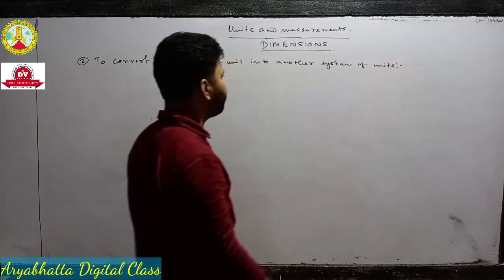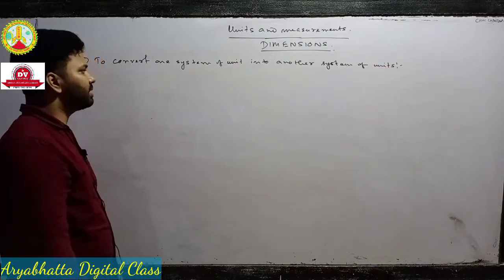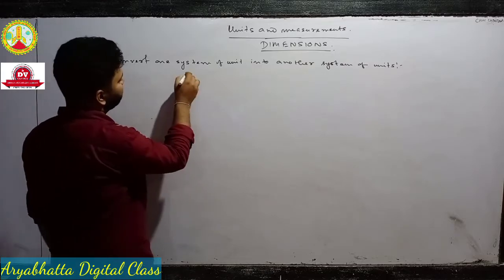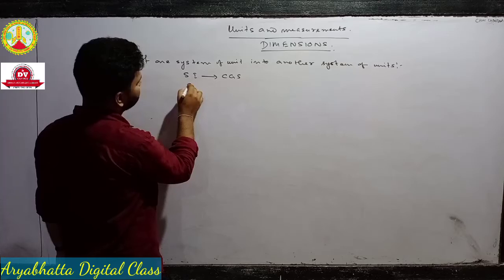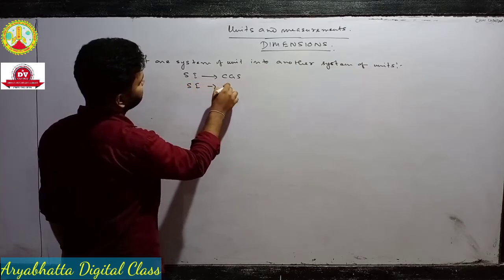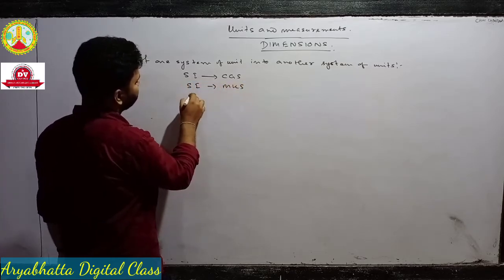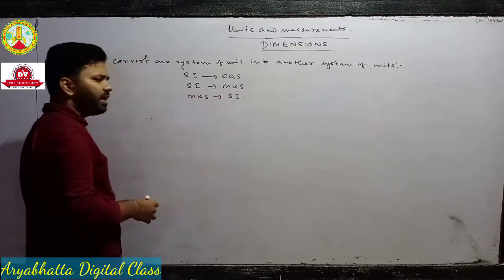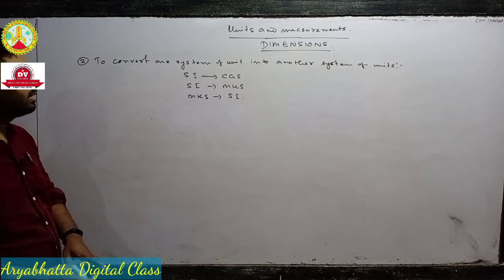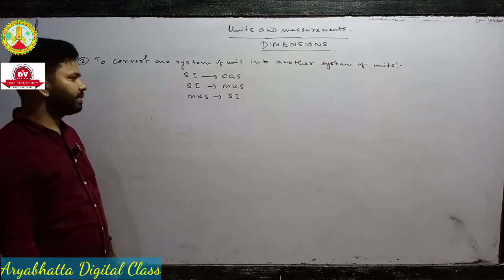Okay? Suppose for example, one quantity is given in SI. Then conversion of SI to CGS, SI to MKS, MKS to SI, conversion of any other system of unit into another system of unit.